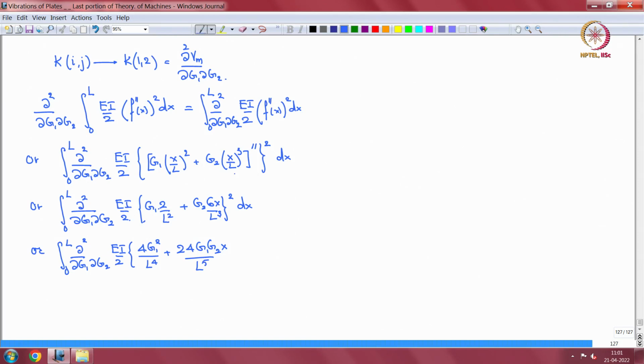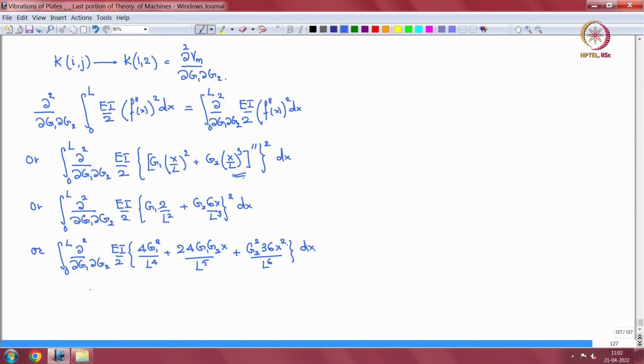In the double dash L will come out the same. Okay, this is L5 plus G2 square 36x square by L to the power 6 dx. Now if we integrate, what do we get?